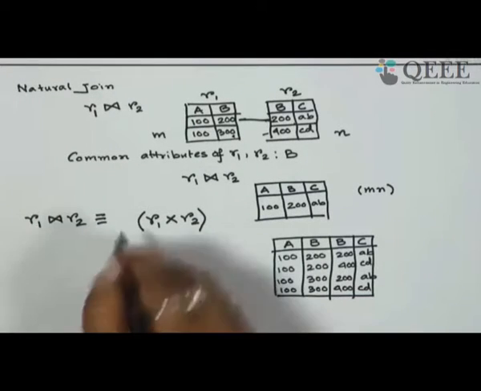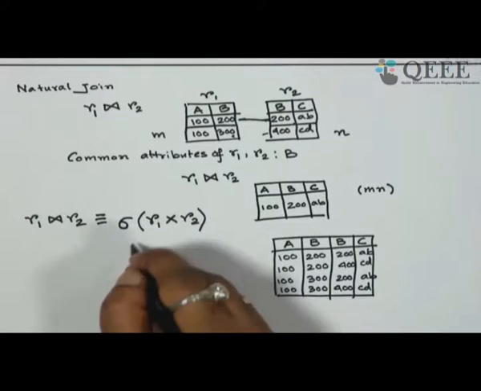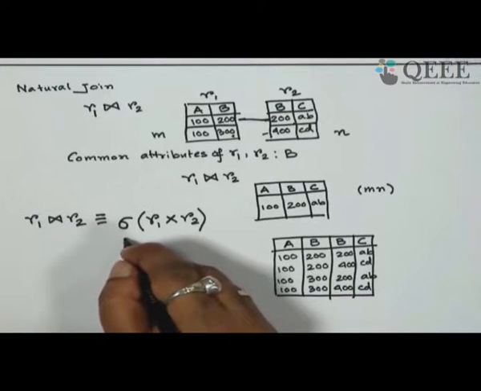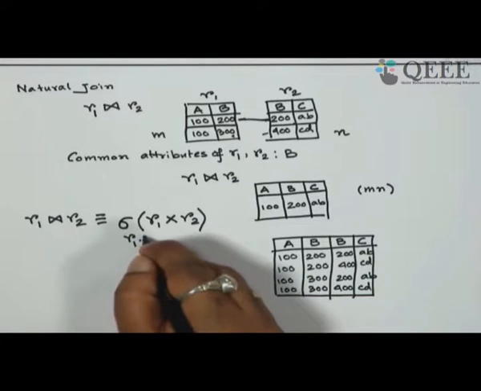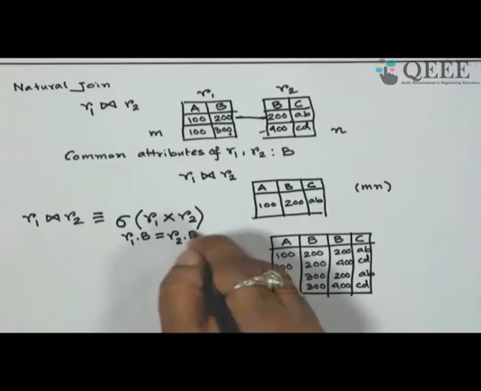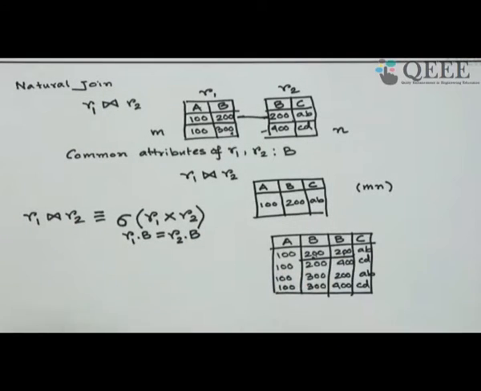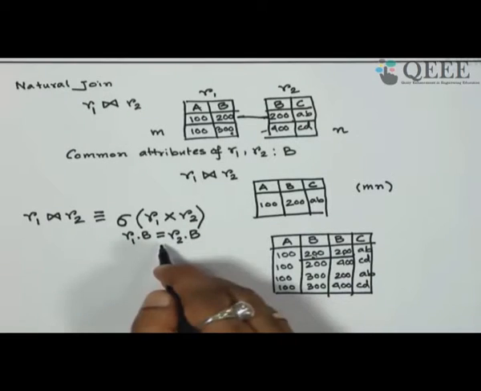The join operation puts a selection on top of this. What is the selection? The selection condition is the B value of R1, I write it like this, equals the B value of R2, I write it like this. So only the tuples which have the same value for both the B's will be selected. Okay. So this is my theta.